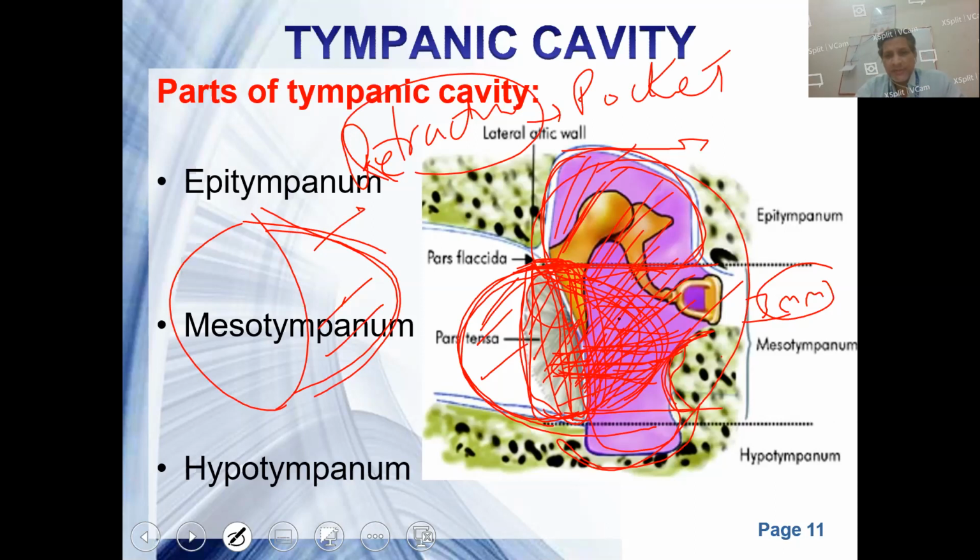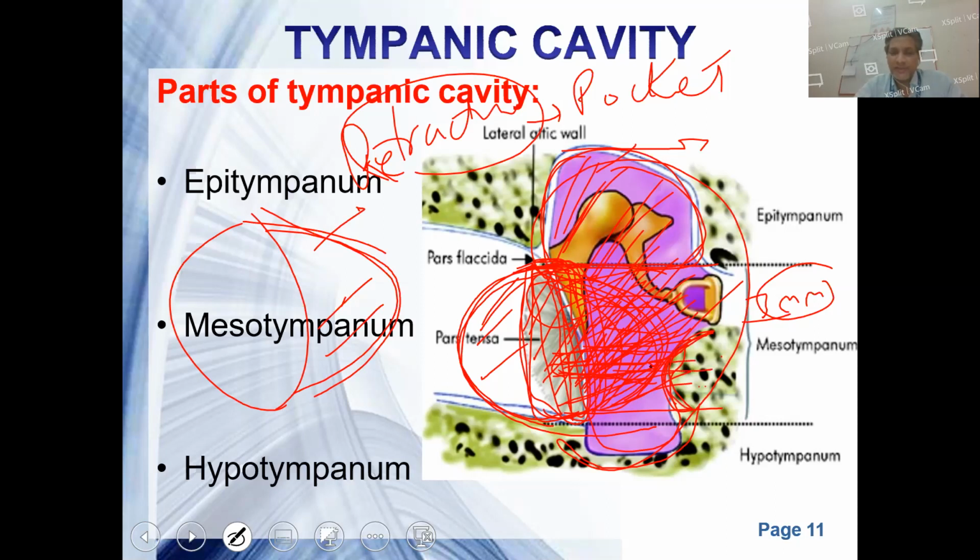This is a totally different pathology, which leads to erosion of the ossicles, and there is no space available in the middle ear. The tympanic membrane is directly plastered on the promontory.